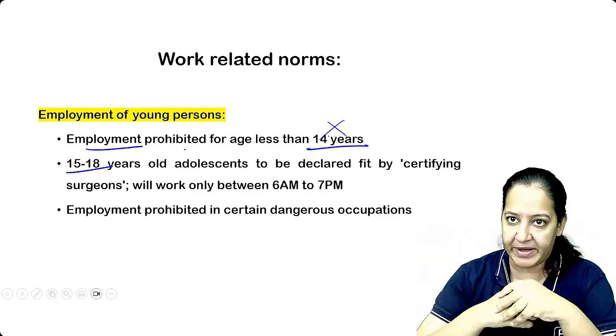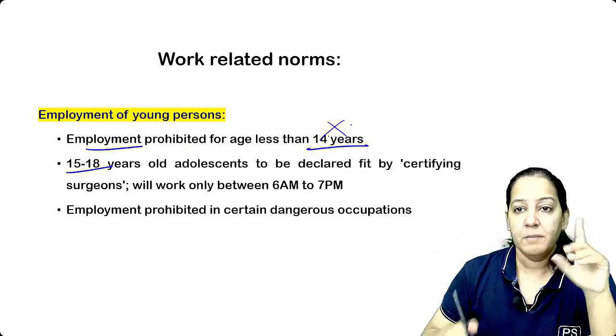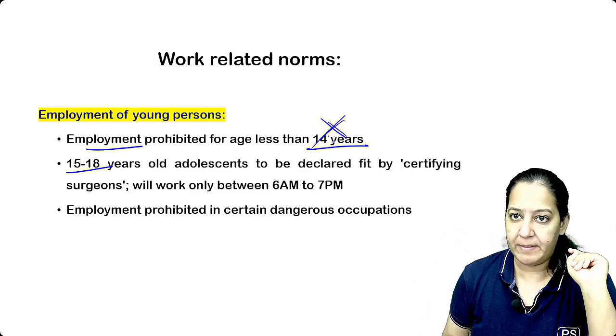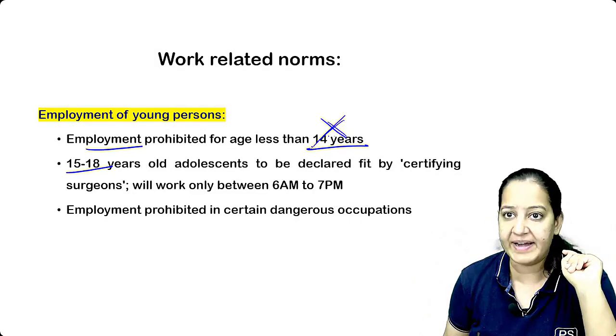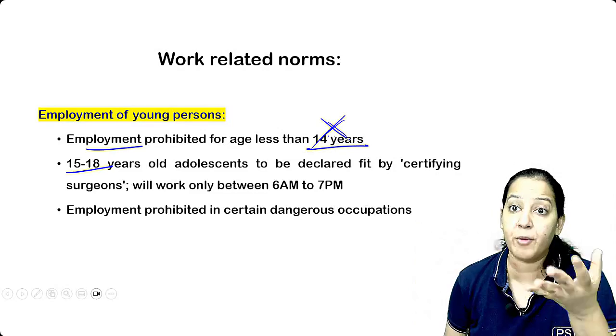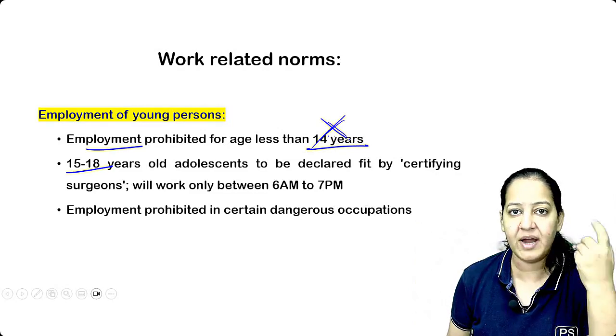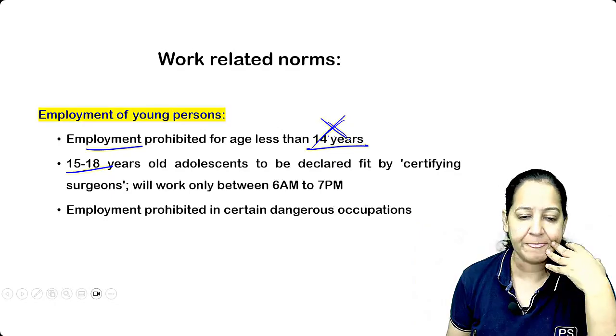I require multiple workers for that. So below 14 years, I will not give employment. I will check the Aadhaar card, I will check the ID, and I will see the age is more than 14. If it is less than 14 and I am giving employment, I am under legal action and I can be sued for that.